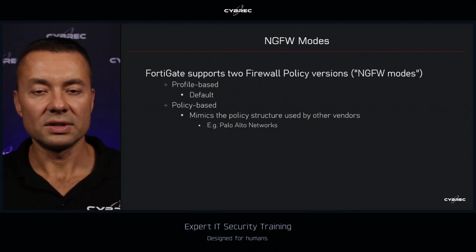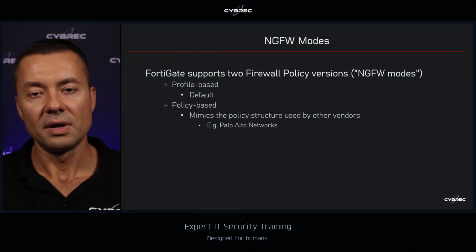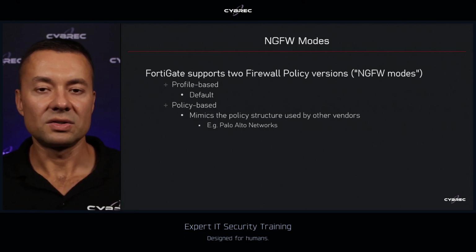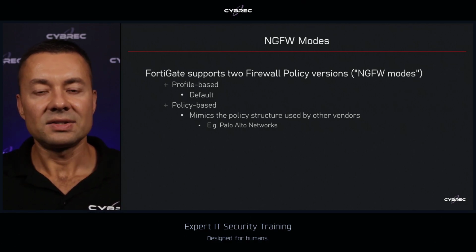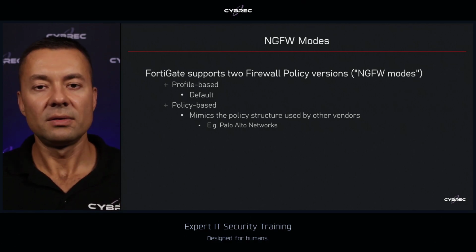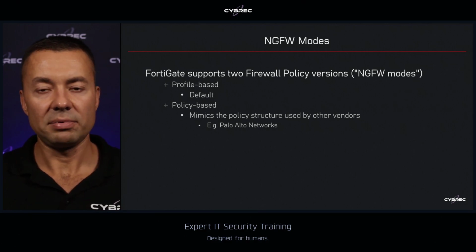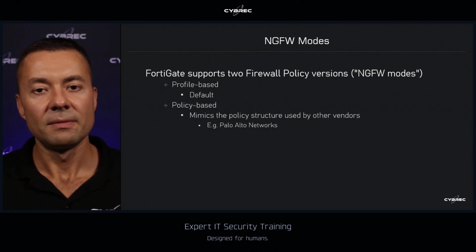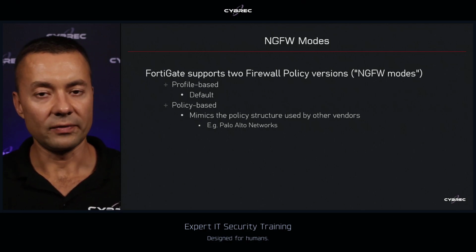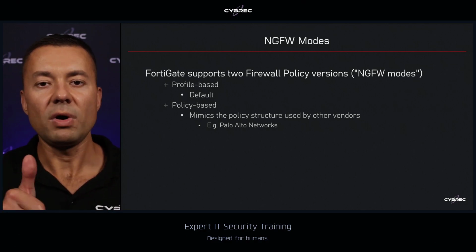It even calls it a security policy to make this difference even more significant. The idea is that once the policy-based mode is configured, you will be able to configure the inspection capabilities directly from the policy rule. This is number one change.